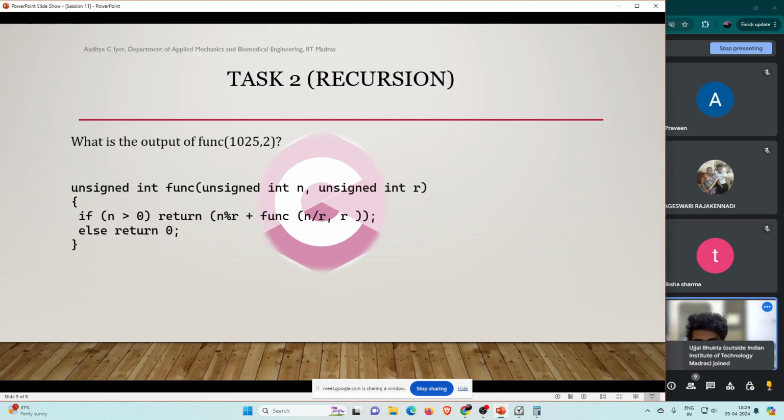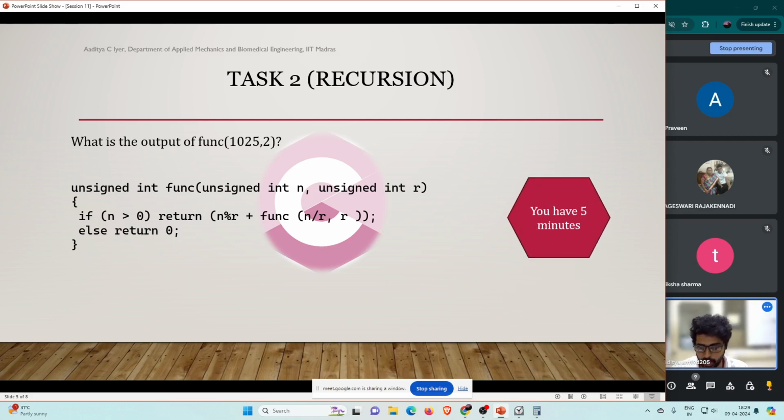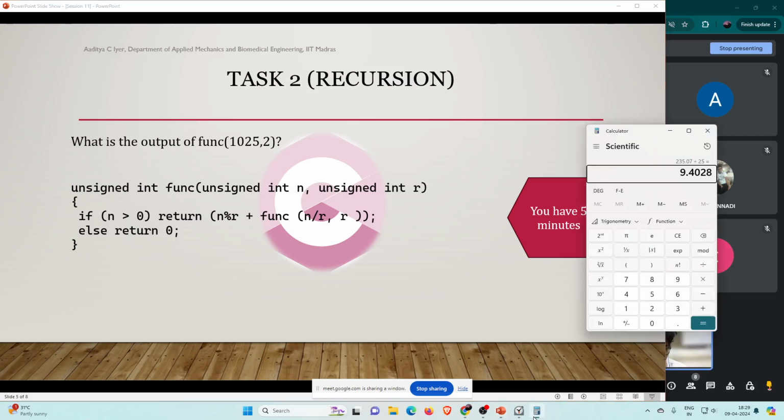I am taking in integers n and r. I have my exit condition as this else: if n becomes 0 or less than 0, I will exit. Even here I'll give you 4 minutes.